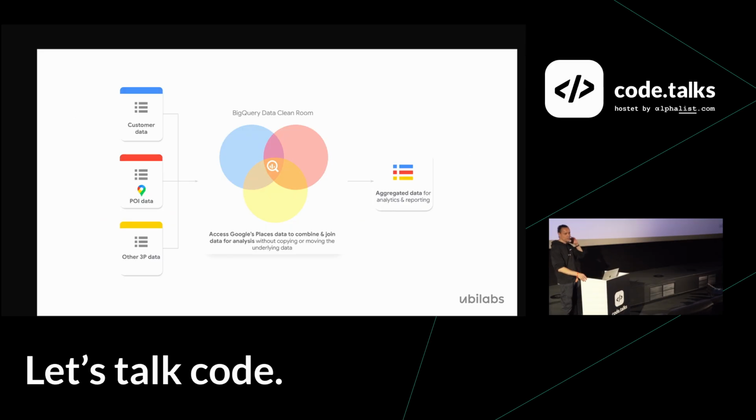So you have your own customer data, for example, a listing of all your stores, all your hotels, whatever. And then you have access to the Google data set, like the POI data, that you can use to enrich your own data, and you can also integrate other third-party data. And then you have your aggregated data that you can store back into your database.